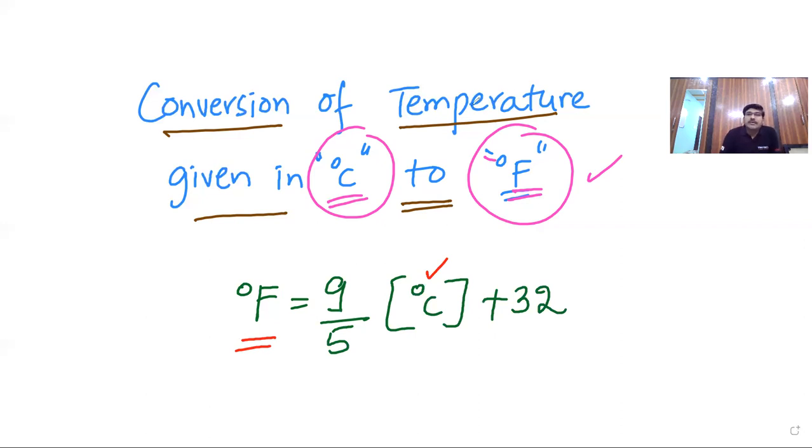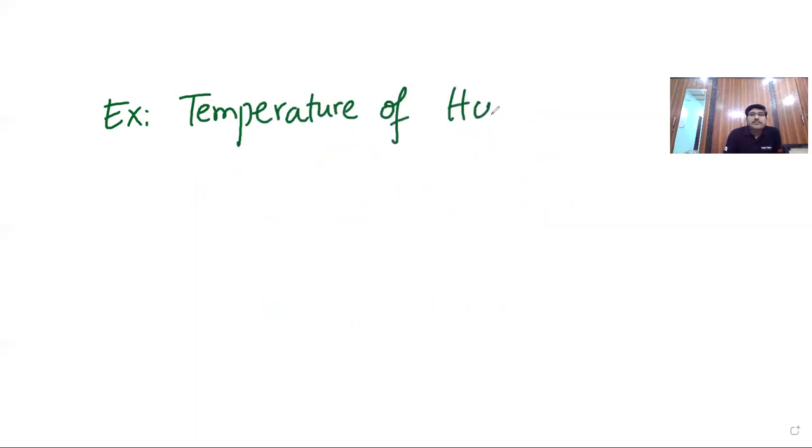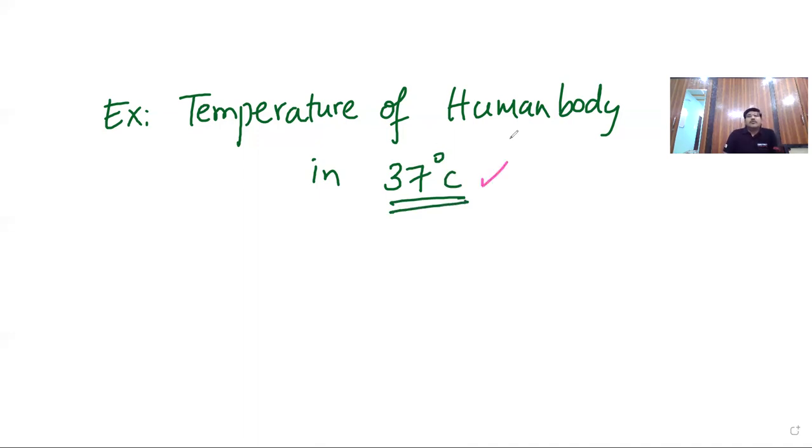Okay. Let me take up a simple example. The temperature of the human body in Celsius is how much? 37 degrees Celsius.